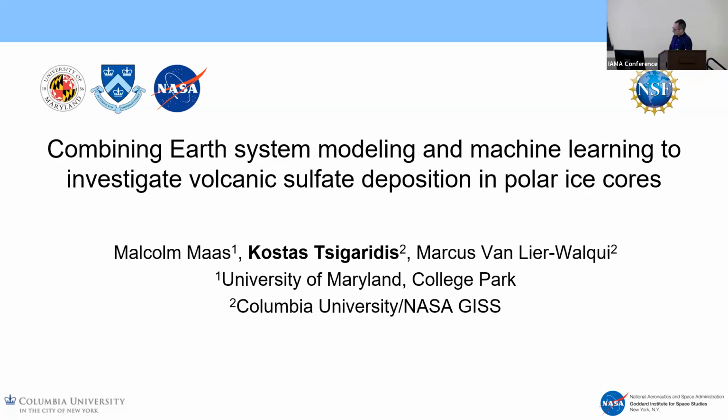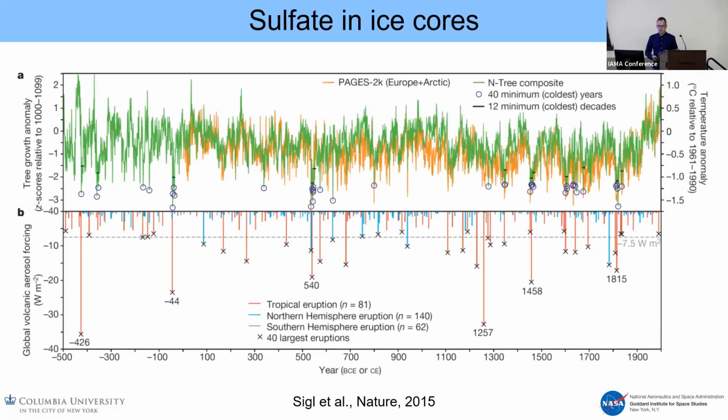So I'll be talking about simulations with a GISS system model. And just to motivate what I'm doing here, we have data sets like these that span 2.5 millennia on the x-axis that show the tree growth anomaly, which is used as a climate metric, and also temperature.